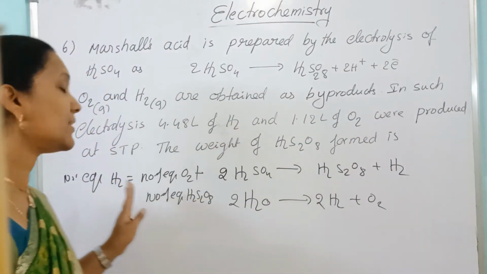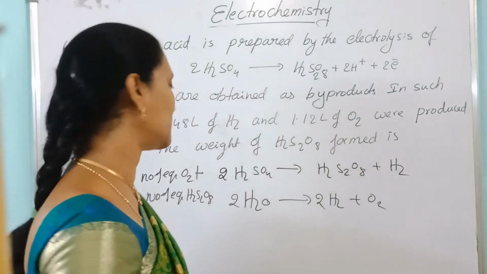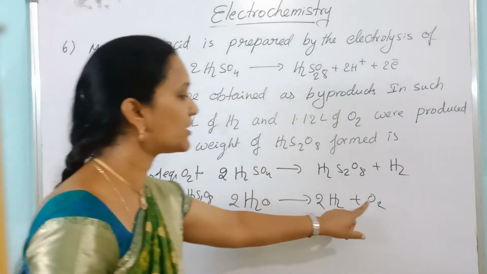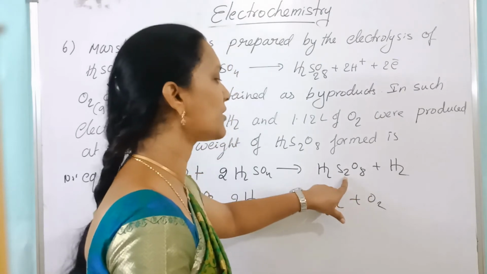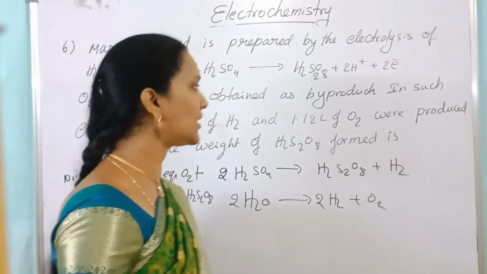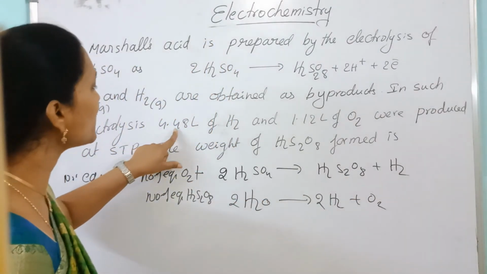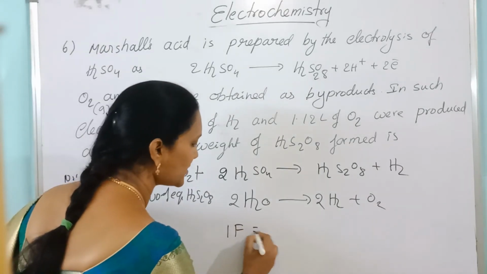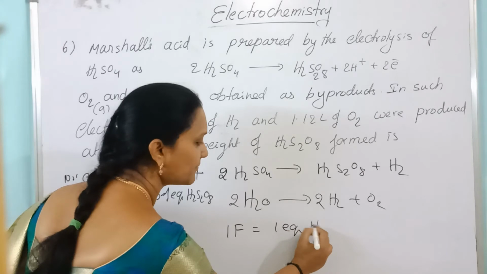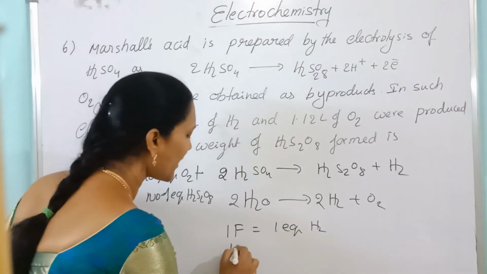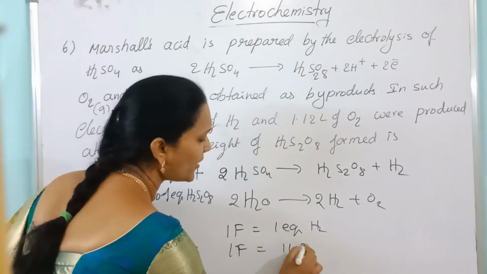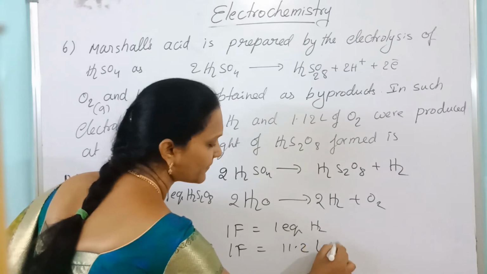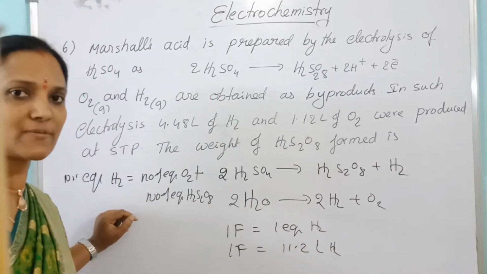So the number of equivalents of hydrogen is equal to the number of equivalents of oxygen plus the number of equivalents of Marshall's acid. Now, how many equivalents of hydrogen were released? 1 Faraday gives 1 equivalent of hydrogen. Yes or no? 1 Faraday gives 11.2 liters of hydrogen. 11.2 liters means 1 equivalent.